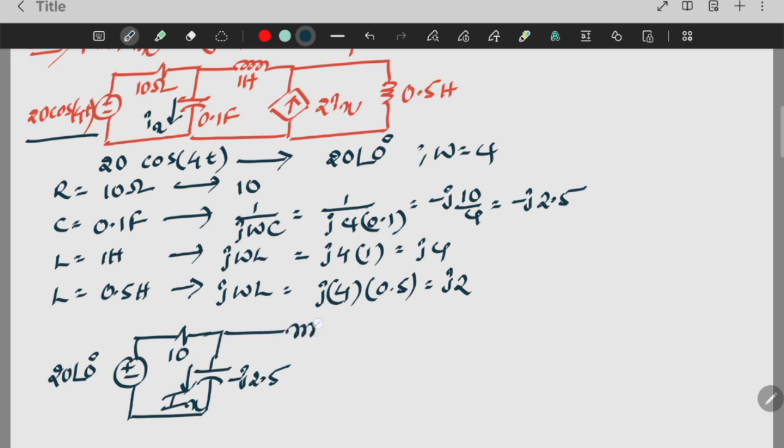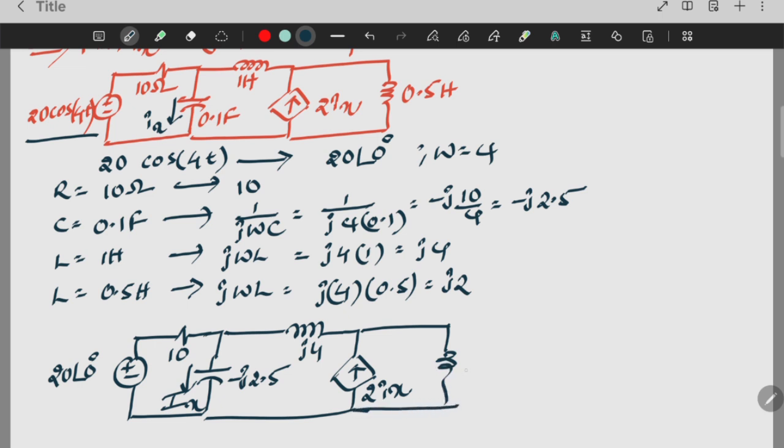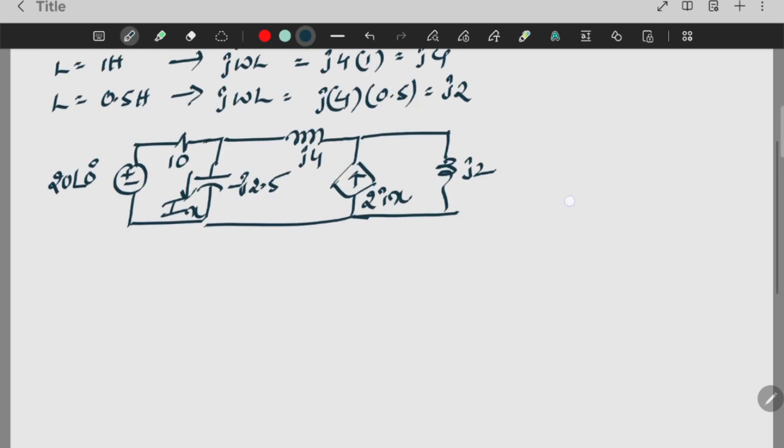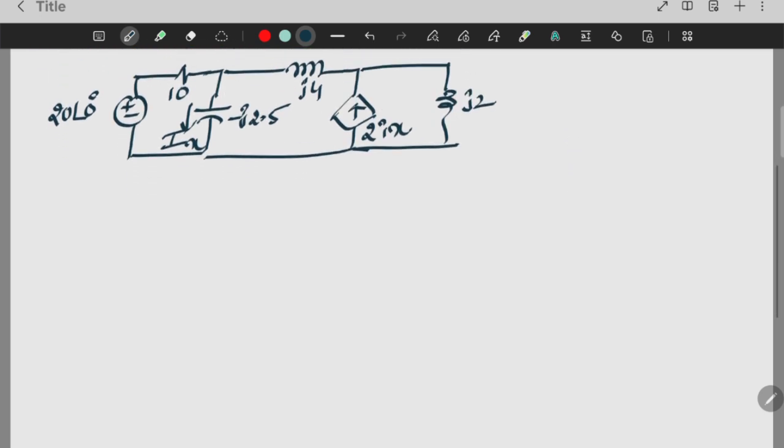Then here one inductor of value 1 Henry is there. Its equivalent impedance will be j4 in the phasor domain. Then here a dependent current source is there with value 2 times Ix. Then one parallel inductance is available of value 0.5, whose impedance in the phasor domain is j2. So we have redrawn the diagram in the phasor domain. This is the main step.